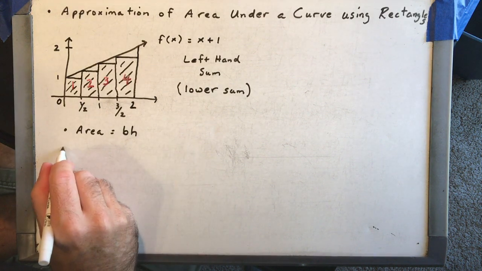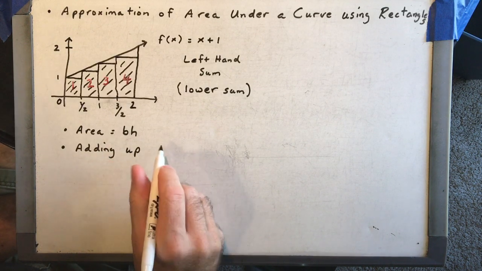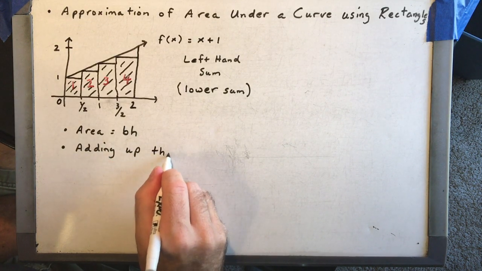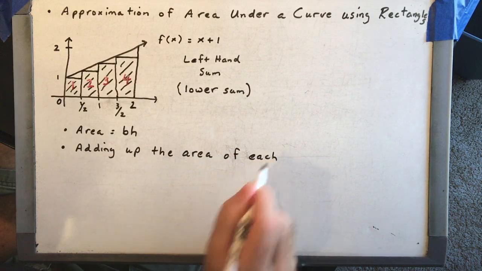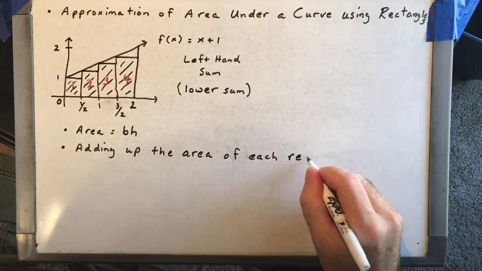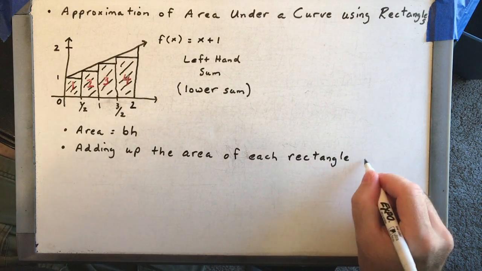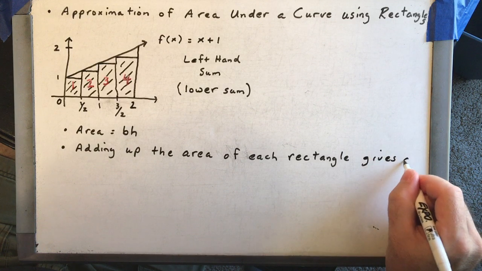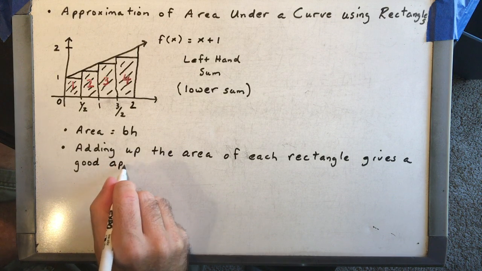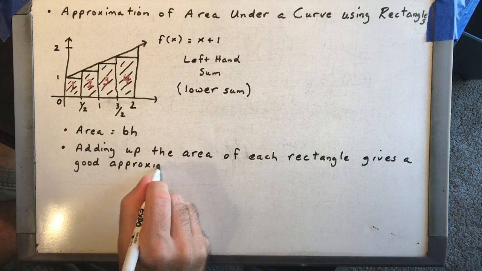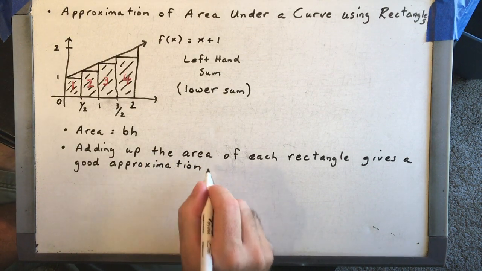So adding up the area of each rectangle gives a good approximation of the area under the curve.